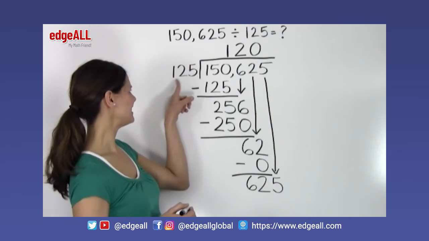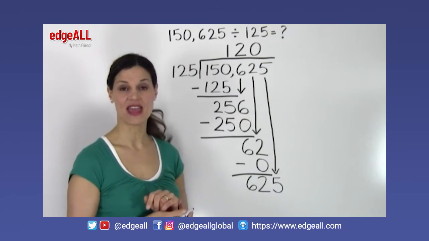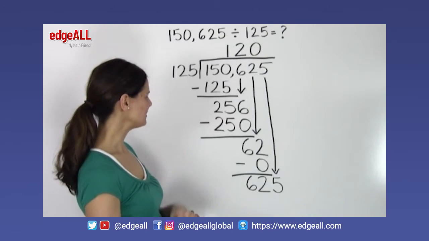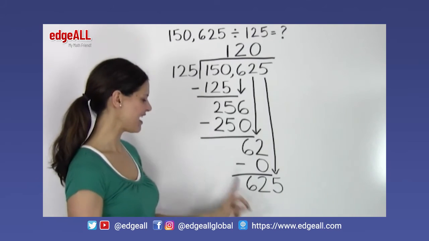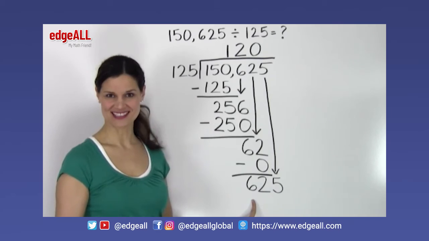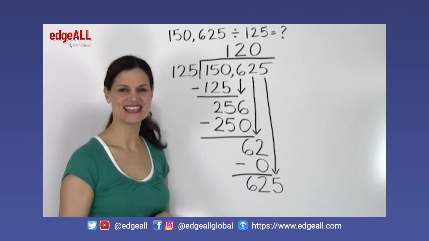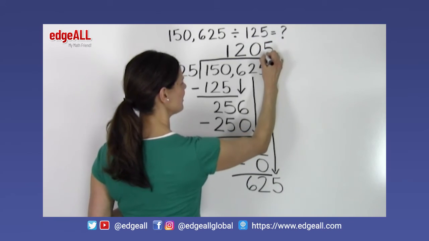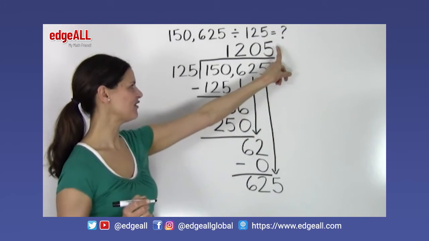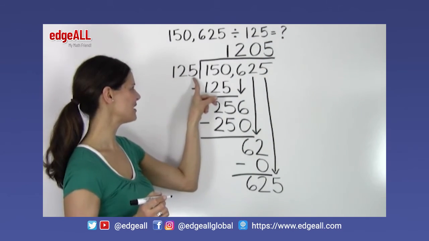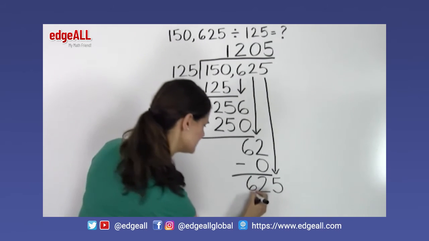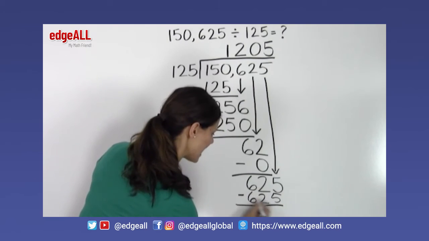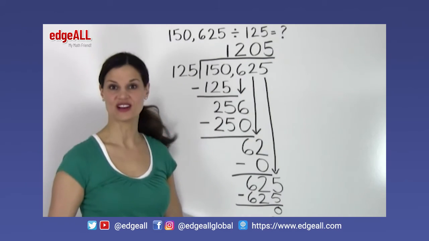Now I have a nice big number, 625 divided by 125. And there is a whole number that, when multiplied by 125, actually equals 625, and that is the number 5. So I place my 5 right here, and I perform the calculation of 5 times 125, and it equals 625. And I subtract that, and I have a remainder of 0.